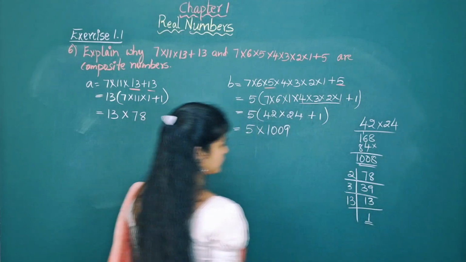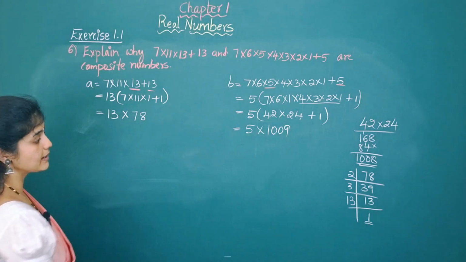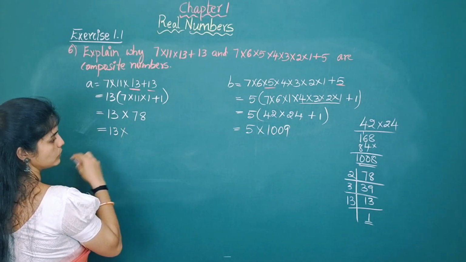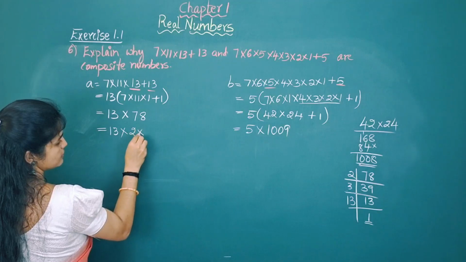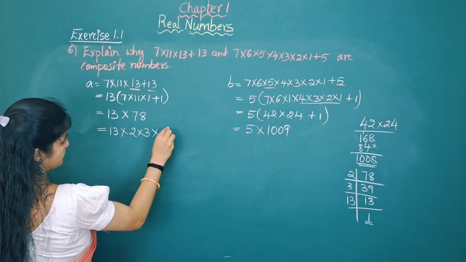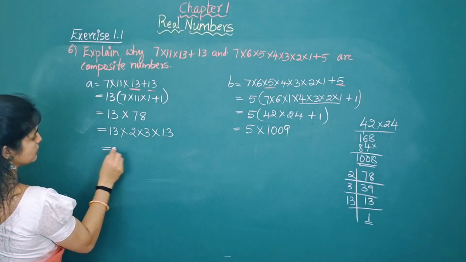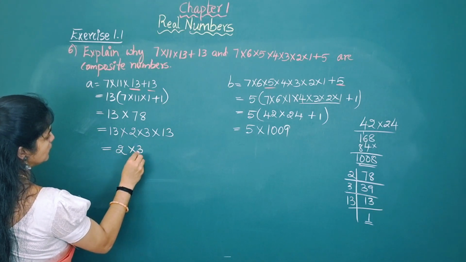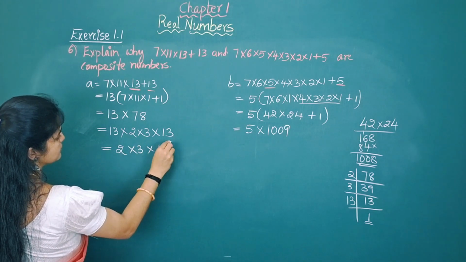13 1s are 13. So 78 is written as 2 into 3 into 13. Starting with the smallest number, 2 into 3 into 13 squared.